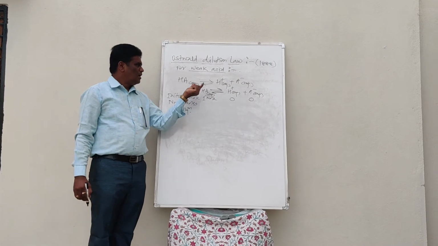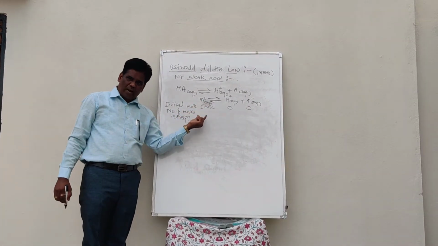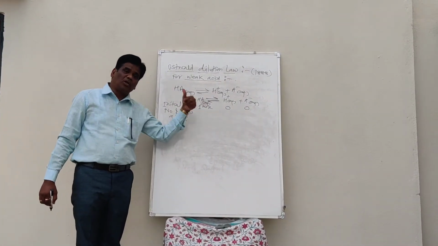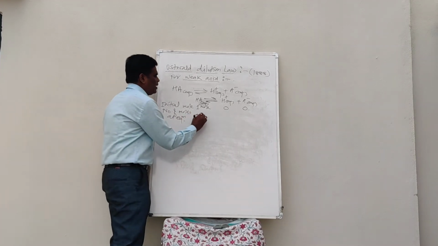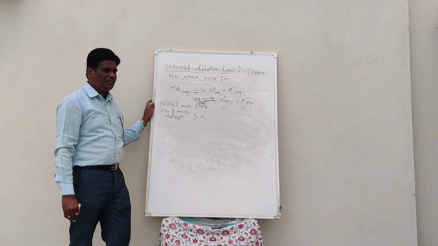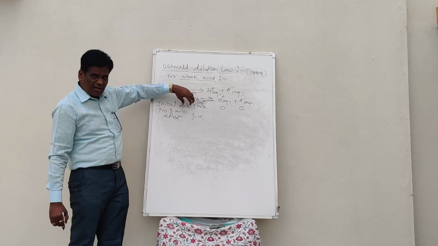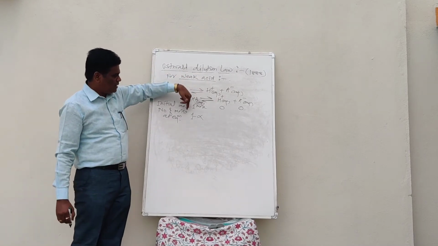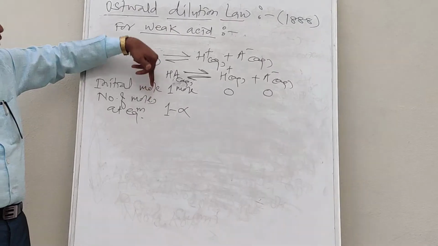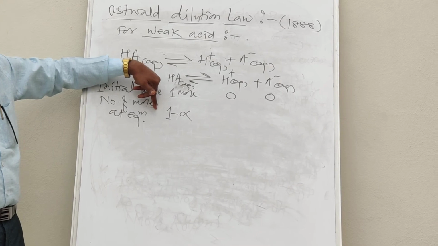Alpha. What is the initial mole? 1. And therefore the number of moles at equilibrium will be 1 minus alpha. Because initially 1 mole, the degree of dissociation is alpha, therefore at equilibrium the mole of HA becomes 1 minus alpha.